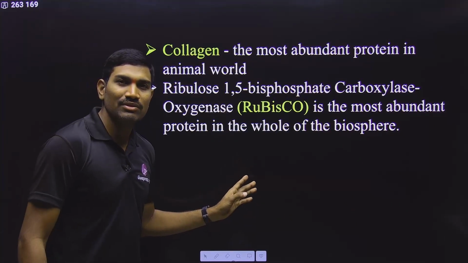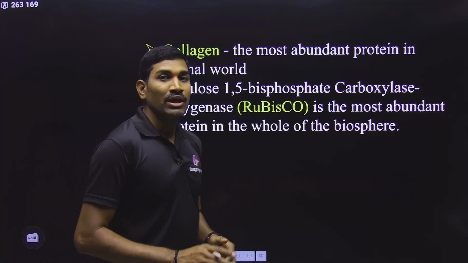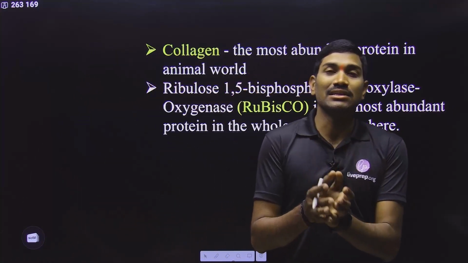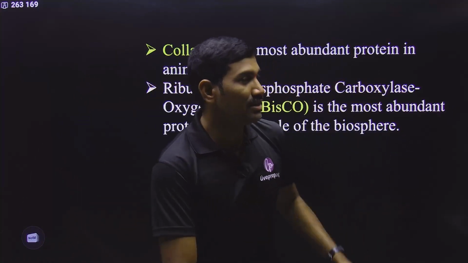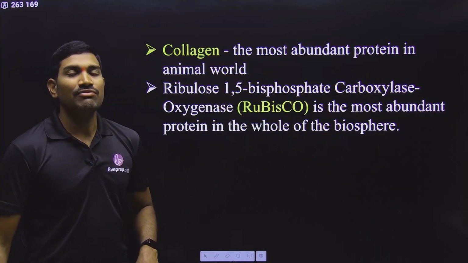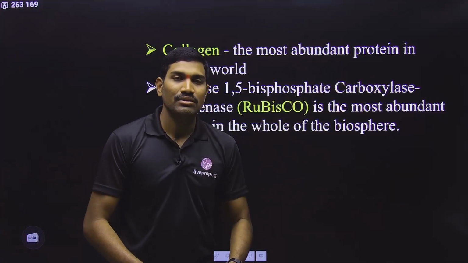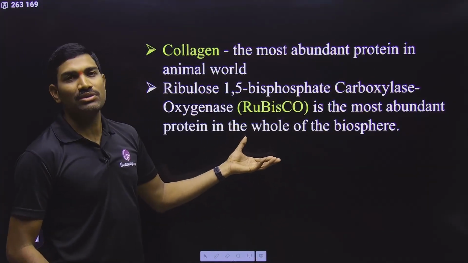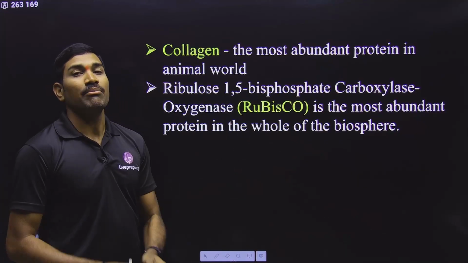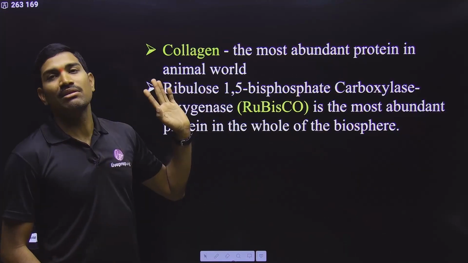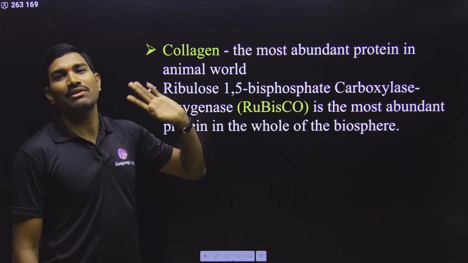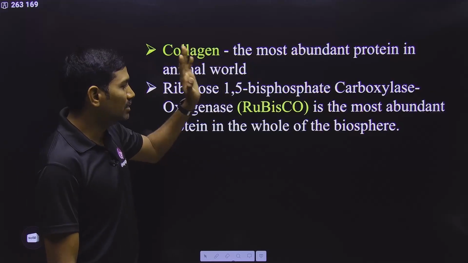And where are we observing this? In the plants. If they are talking about the plant kingdom, then the answer will be rubisco. If they are talking about the entire earth as a biosphere, then also it is rubisco. But if they are asking only for the animal world, then the collagen will be the answer. Most abundant protein will be collagen.